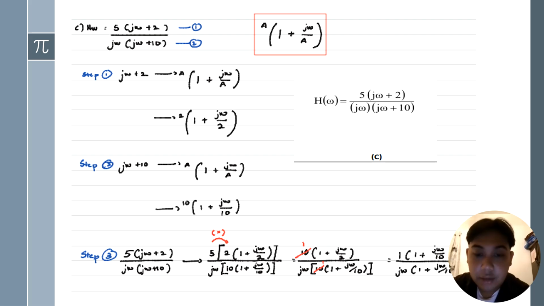When we multiply the constants in the numerator, 5 times 2 equals 10.